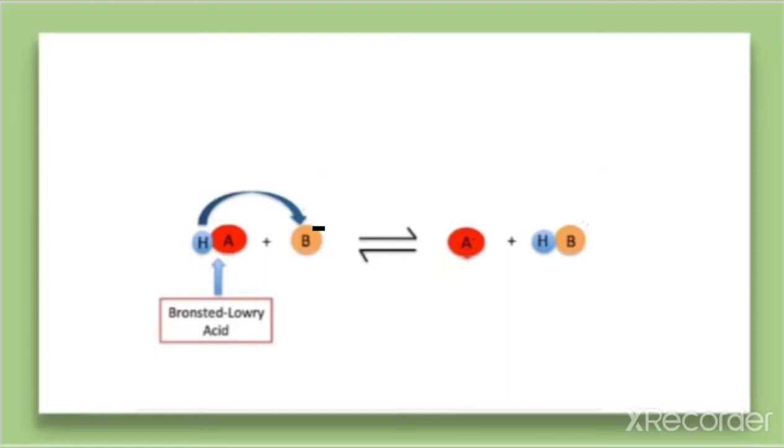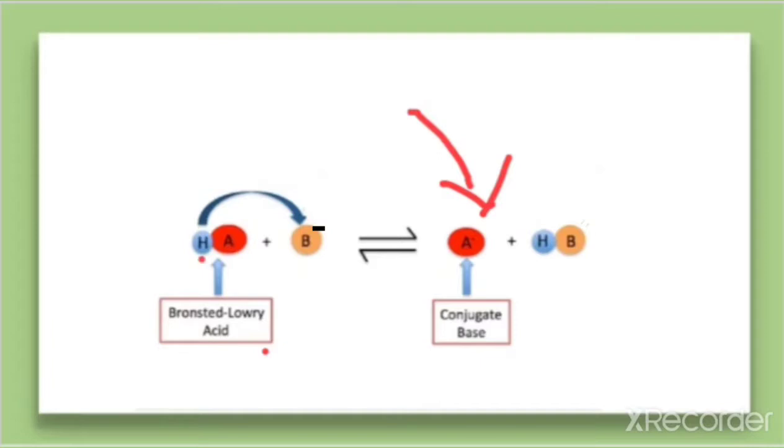So here HA is acting as an acid, that is called a Bronsted-Lowry acid, and here B negative is accepting it. After donating the H plus ion, HA turns into A negative, which is called the conjugate base. So according to this concept, an acid donates an H plus ion, and after donating it becomes a conjugate base.